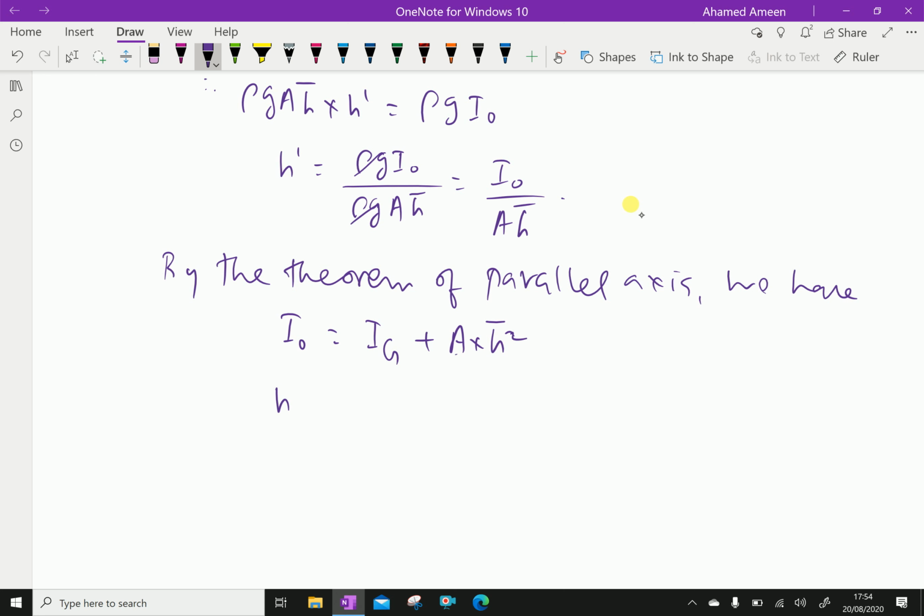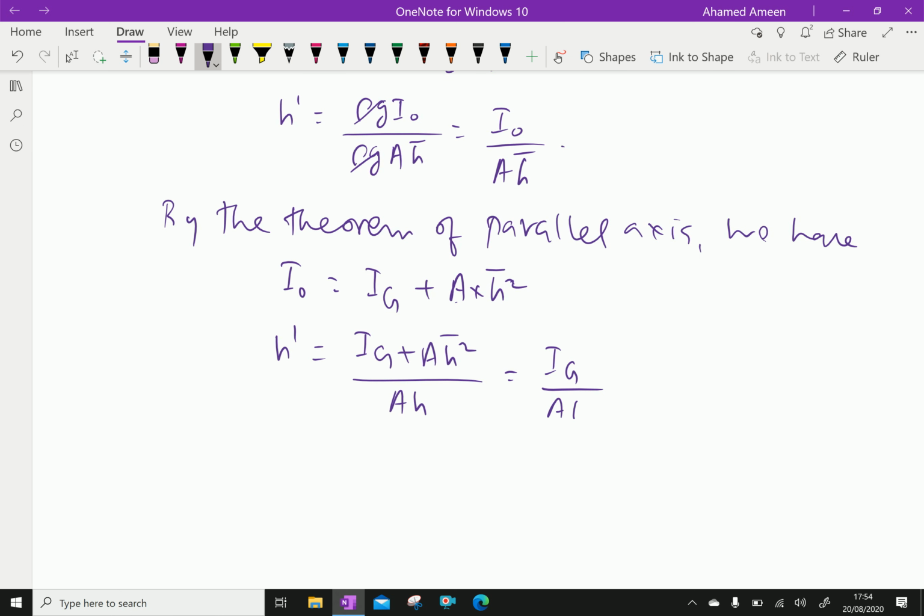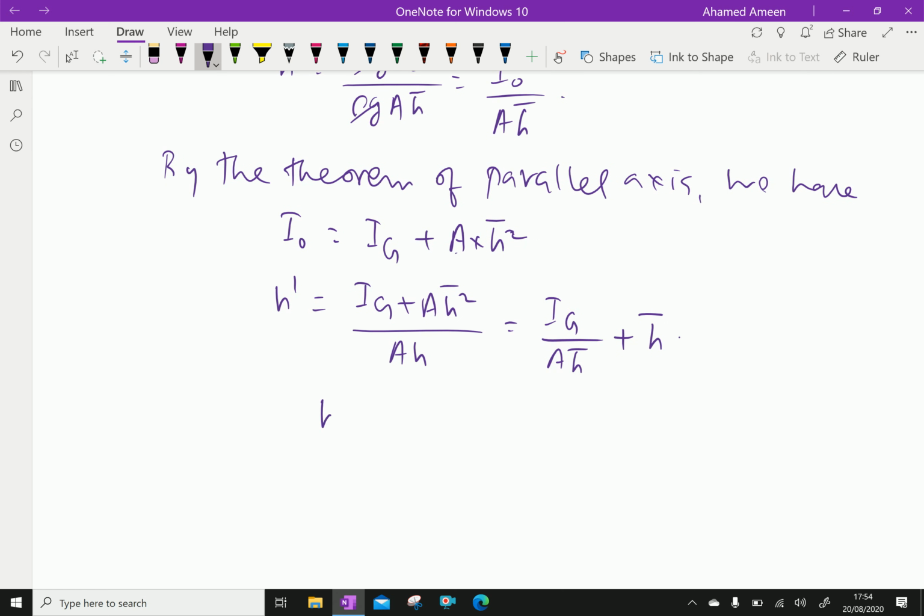Therefore h dash equal to Ig plus A h bar squared over A h bar, equal to Ig over A h bar plus h bar. Therefore the distance of the center of pressure from the free surface, h dash, equal to Ig, the center of gravity moment of inertia, over A h bar plus h bar.